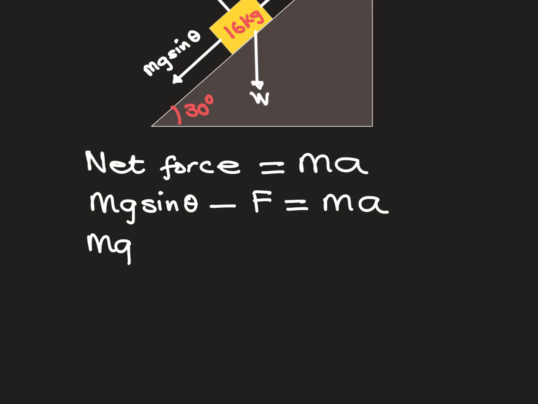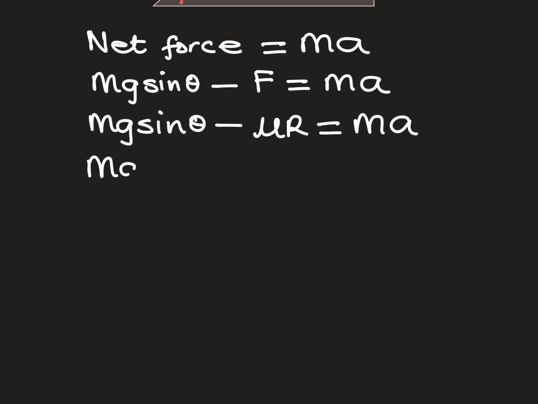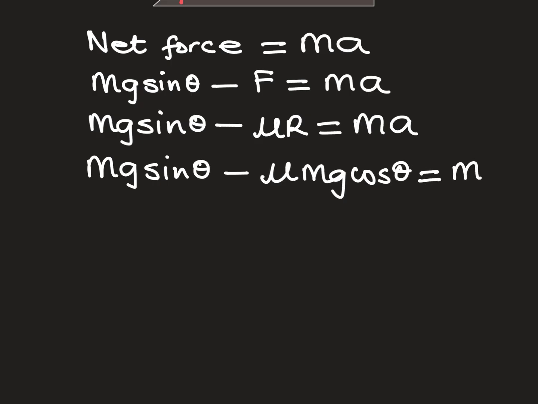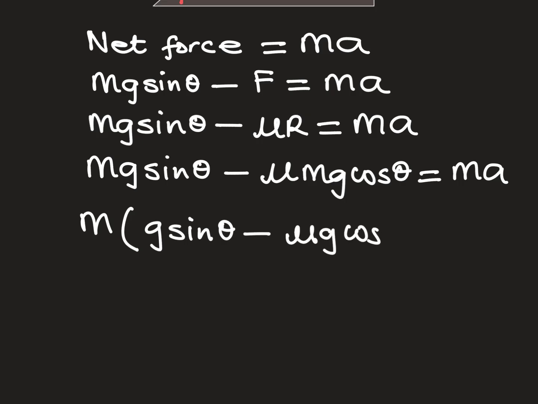Now we have mg sin θ minus frictional force, which is given as μR, equal to ma. So we have mg sin θ minus μR, where R is mg cos θ, the normal reaction, equal to ma. I can factorize m, so that will be m(g sin θ minus μg cos θ) equals ma.